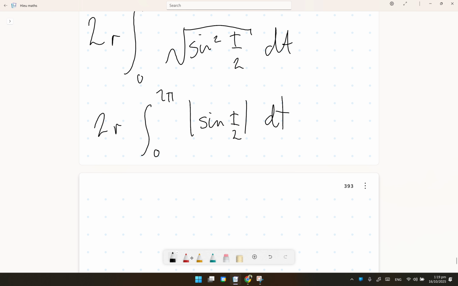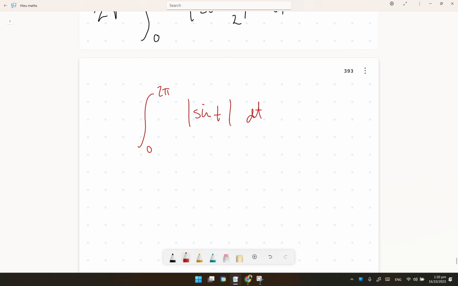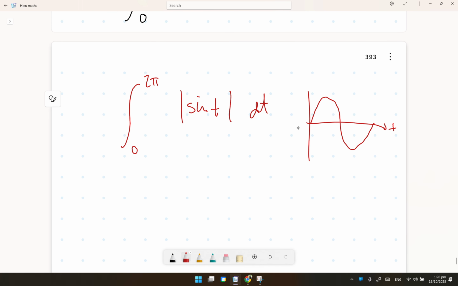Let me give you an example. For example, instead of sine t over 2, we had modulus of sine t. If we look at the graph for sine t, it's going to look like this. From 0 to pi, sine t will be positive, and from pi to 2 pi, sine t would be negative.